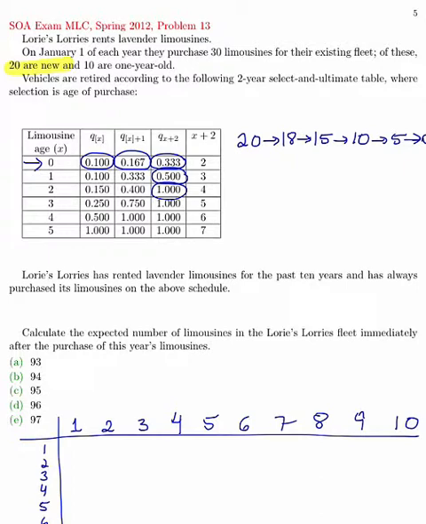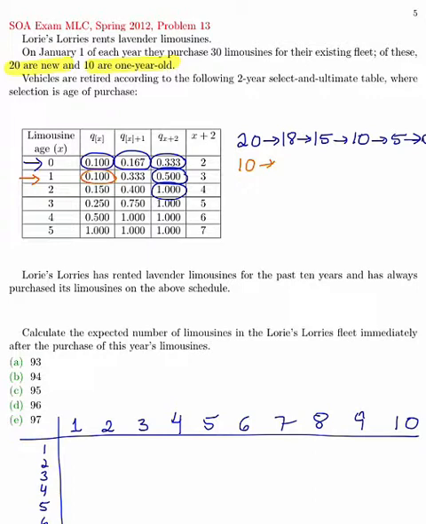Similarly, we can look at the 10 that are 1 year old. They have a selection age of 1. So I start out with 10, and then I follow this set of probabilities. So 10% again retire the first year.